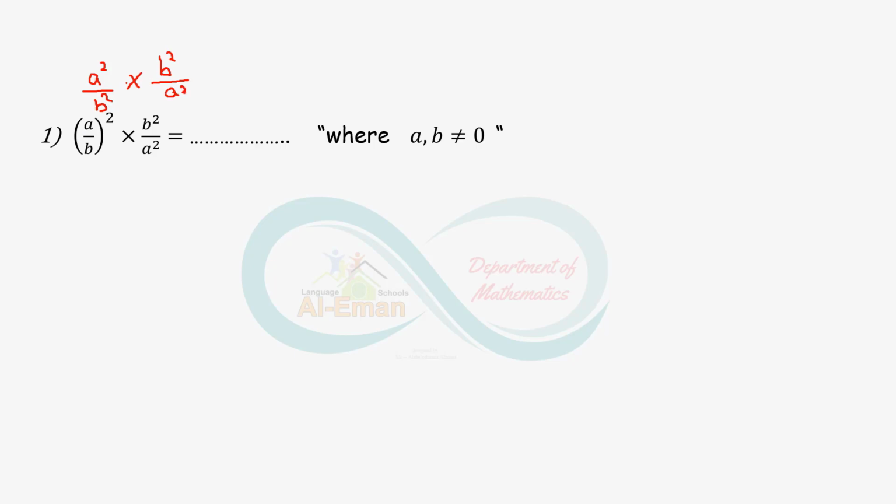This a to the power 2 will be reduced with this one, and b to the power 2 also will be reduced with this one, so our answer here will be 1. Bravo.